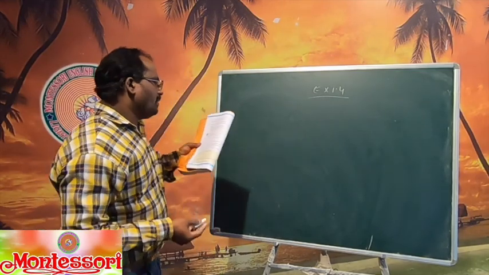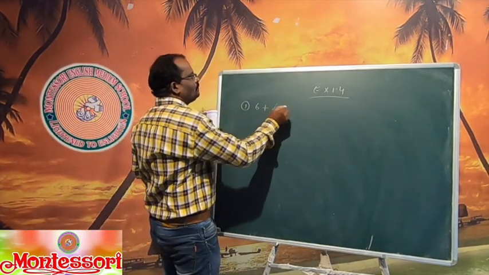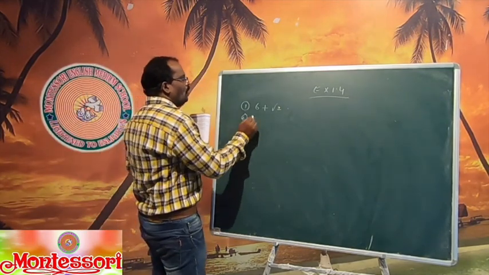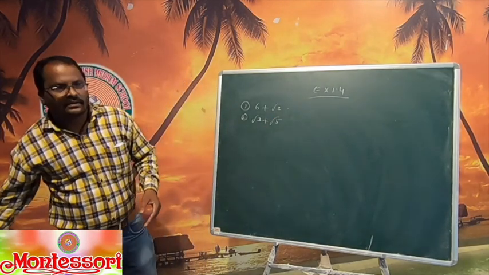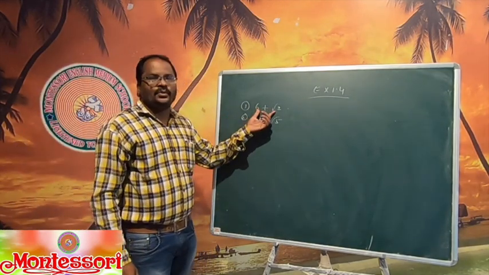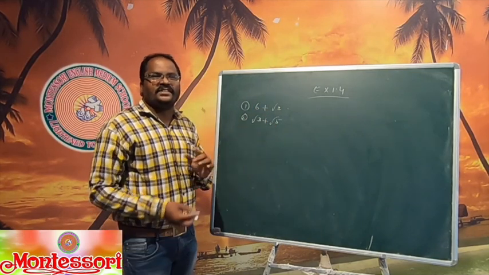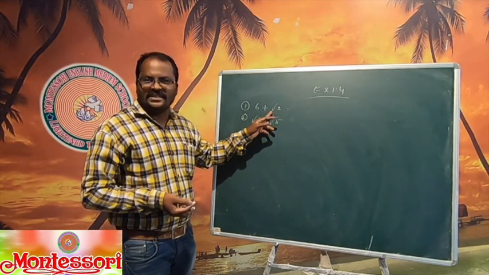So here see one question is there, 6 plus root 2. One more question is also there, root 3 plus root 5. You observe here 6 plus root 2 and root 3 plus root 5. What is the difference between the first question and second question? In the first question, only one numerical has the inside of the root.